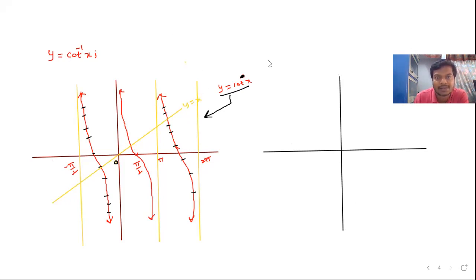That means actually this dotted graph represents cot x graph, and about y equal to x we have to draw symmetry graph.